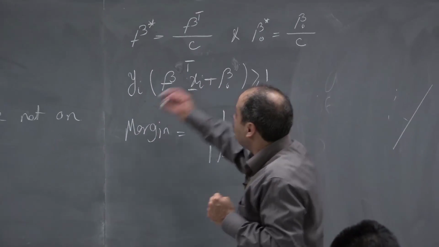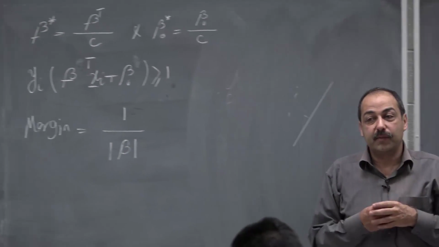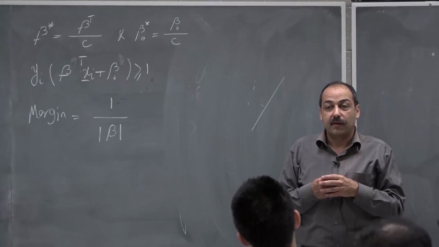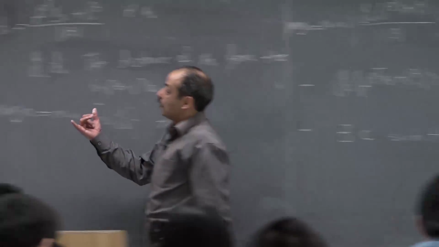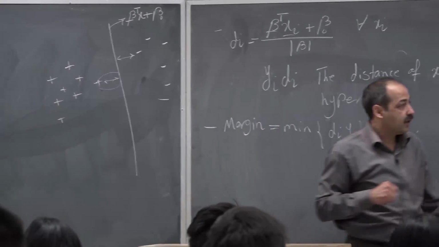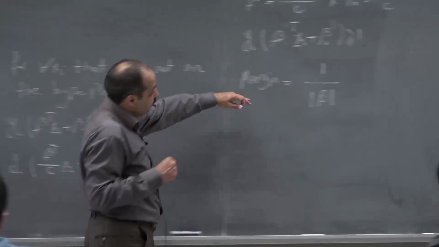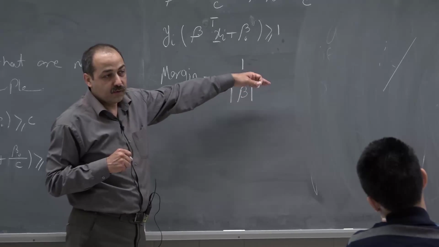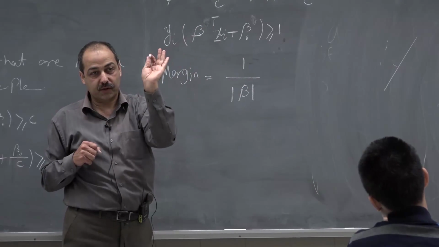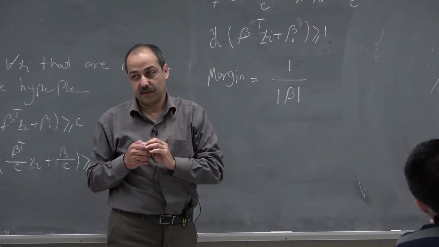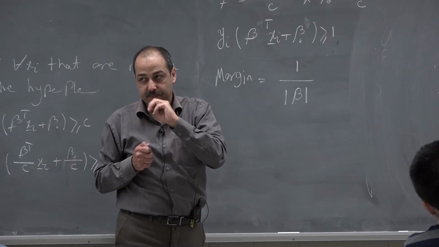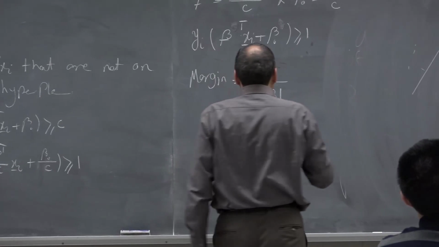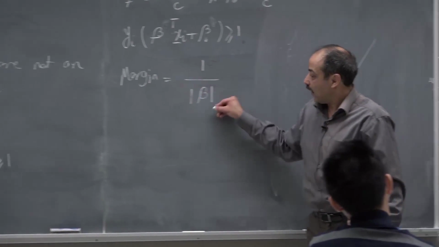Now, knowing this, I can form an optimization which solves my problem. From the beginning, I wanted to maximize this margin, and now I computed the margin in terms of the norm of the vector which is orthogonal to the hyperplane. I was looking for the hyperplane which maximized the margin. Okay, so to maximize this margin, I have to minimize the norm of beta.